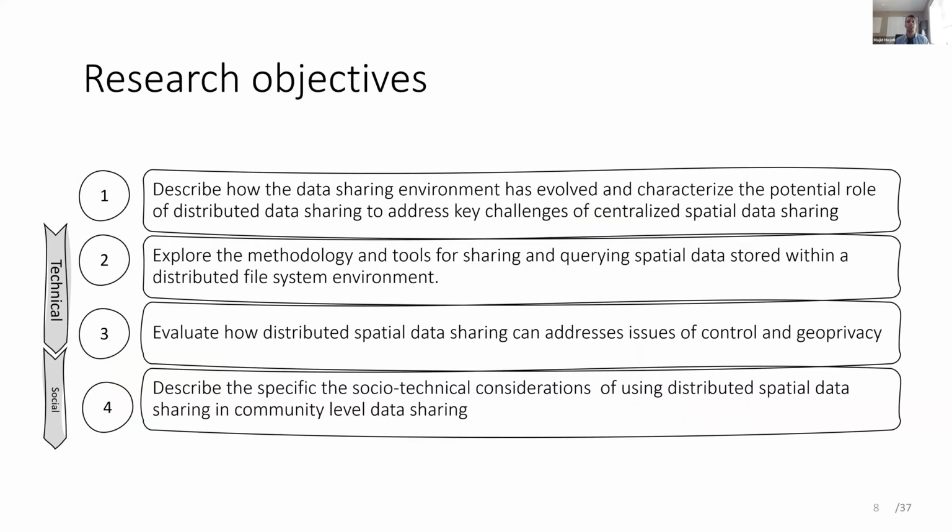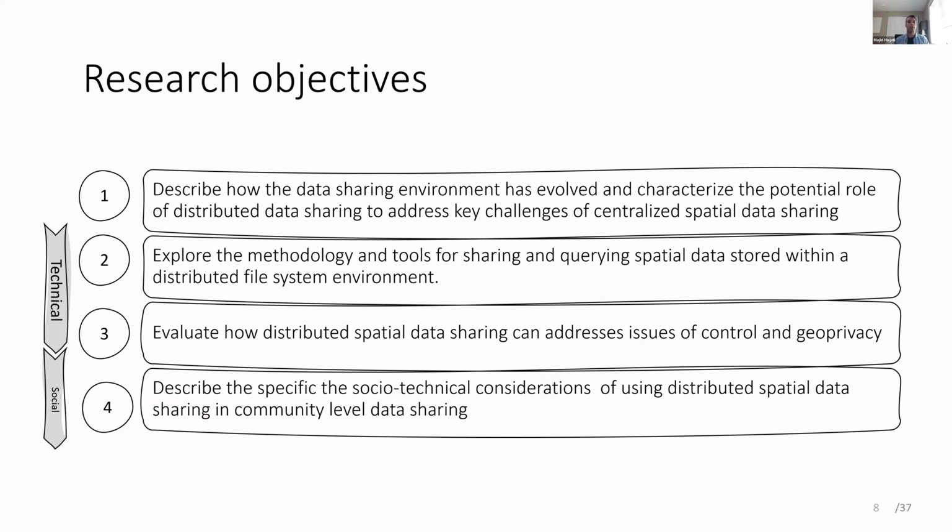So my research focused on two main socio-technological aspects. First, I wanted to identify the new era of spatial data sharing as distributed data sharing and find out the characteristics of this environment. What is it about this environment that makes it separate from the centralized and user-centric eras?